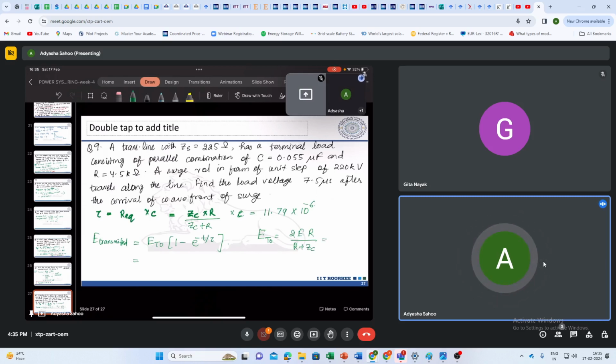So this will come out as 419.5 kV. T is 7.5 into 10 to the power minus 6. Tau is 11.79 into 10 to the power minus 6 kV. So this you'll get as 197.29 kV.